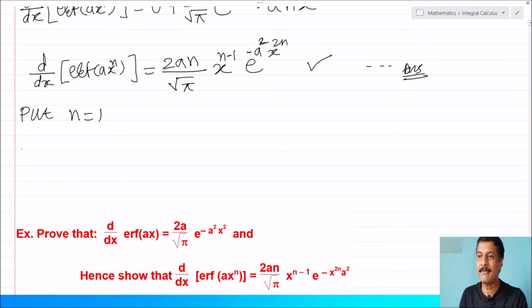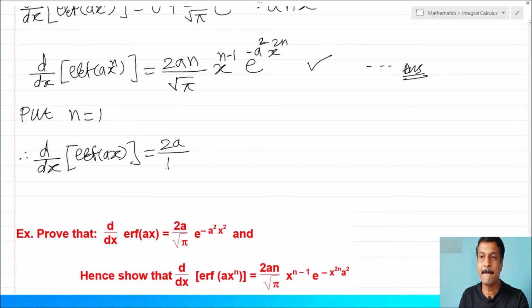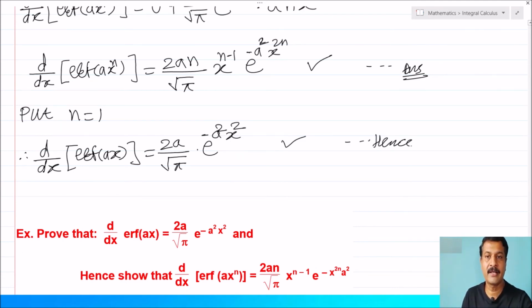Therefore I get d/dx of erf(ax) equals 2a by root pi x^(n-1), with n equal to 1, so x^0, which is 1, into e^(-a^2 x^2), since n is 1. And this is the same as our required result.